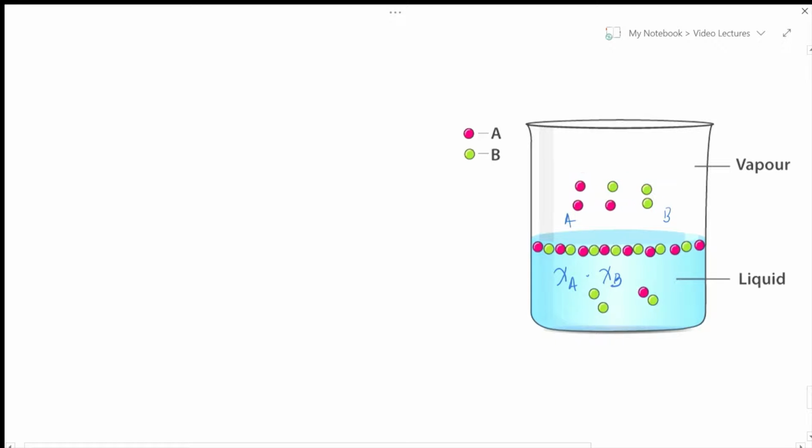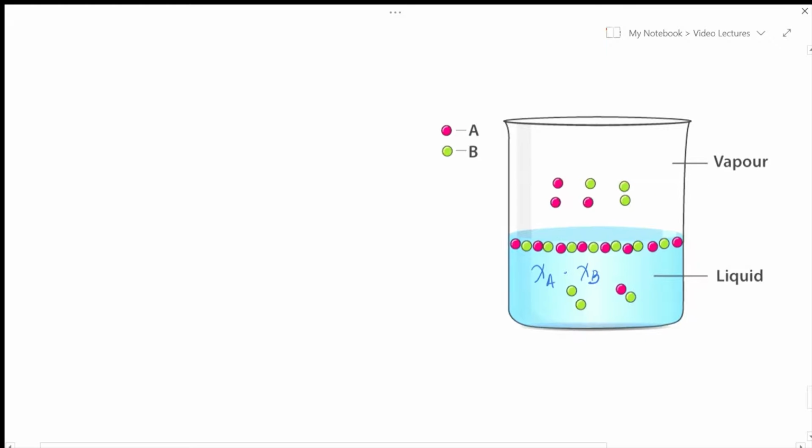In the vapor phase, we'll not have the same composition as the liquid phase, because if you think about it, the two liquids which you have mixed do not have identical volatilities. One of them is more volatile, and if one of them is more volatile, then it will vaporize to a relatively greater extent. So the vapors which you get will be richer in the more volatile component, and the less volatile component will be left back in the liquid form.